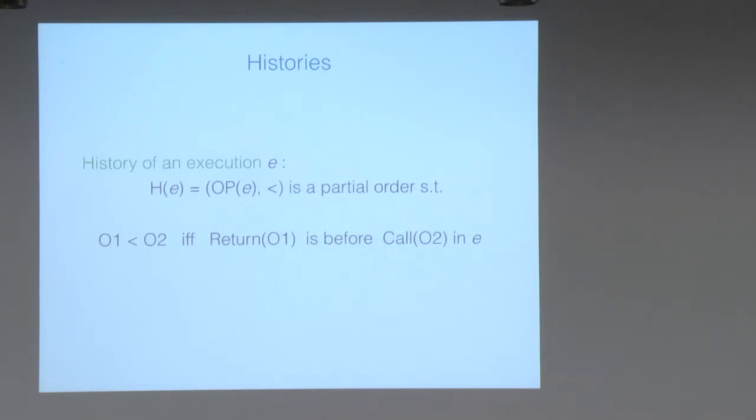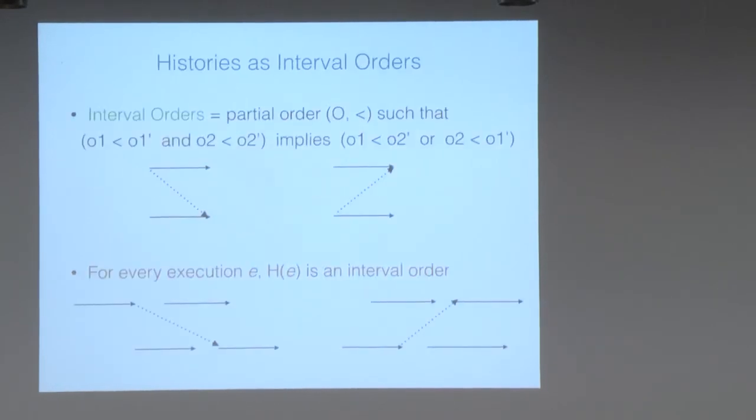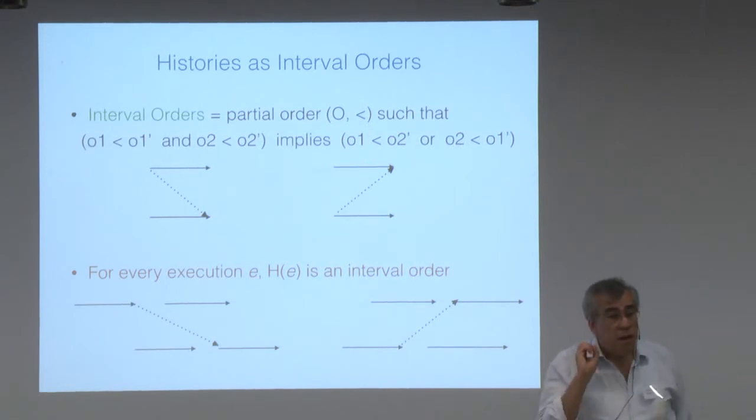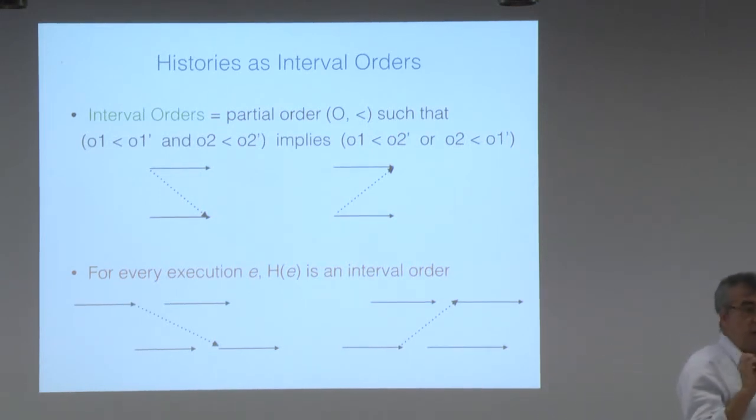You take your execution and extract this information, and you get a history. The objects are the operations. Now, here is the important observation: these histories are not just any kind of partial orders.